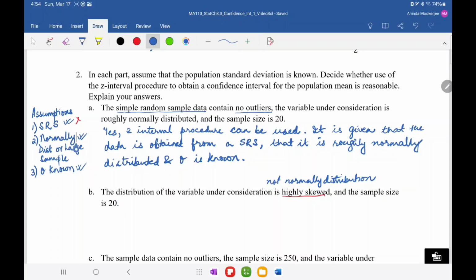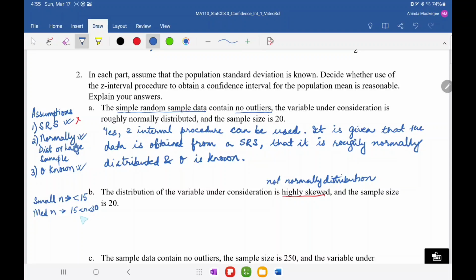What is the criteria for a sample size to be considered large? Let me write that here. A small sample size, where n represents sample size, is a size less than 15. A medium sample size is anywhere between 15 and 30.